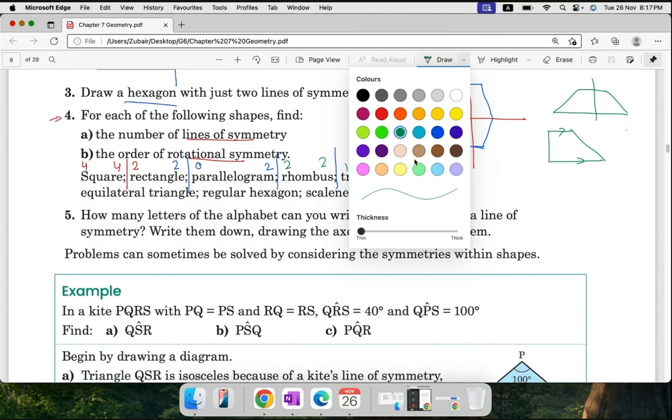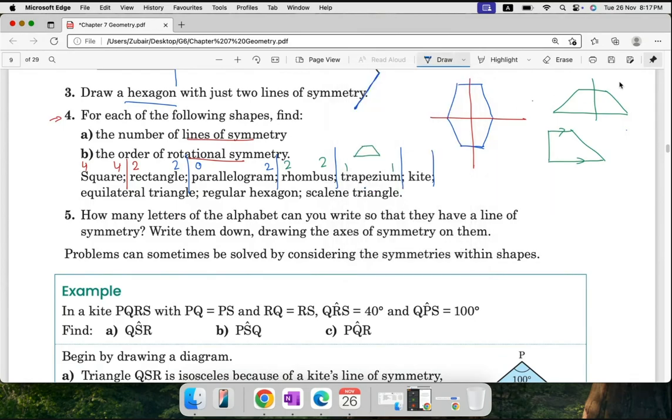What about kite? Do you have the shape in mind? Yes. This is kite. How many lines of symmetry?